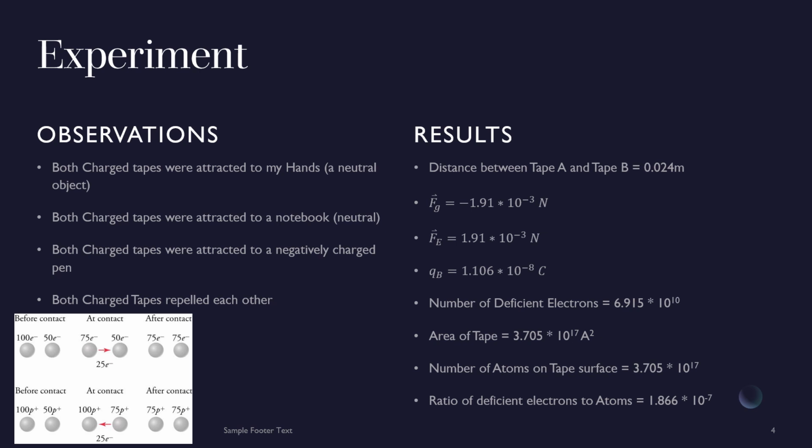Dividing the number of deficient electrons by this number gives the ratio of deficient electrons to atoms as 1.866 times 10 to the negative 7th. There aren't units here. Sorry about that one.